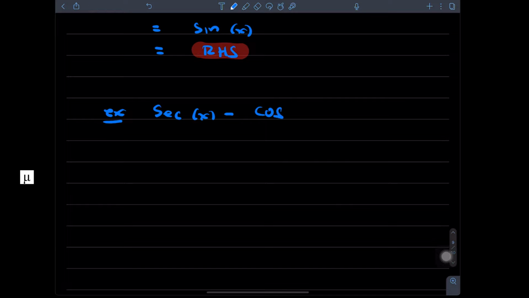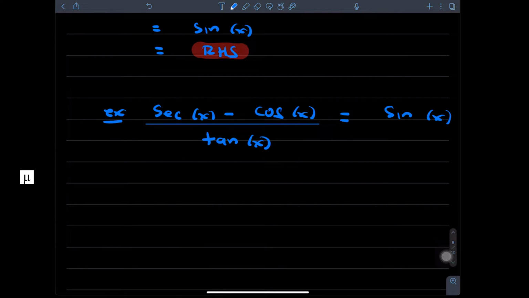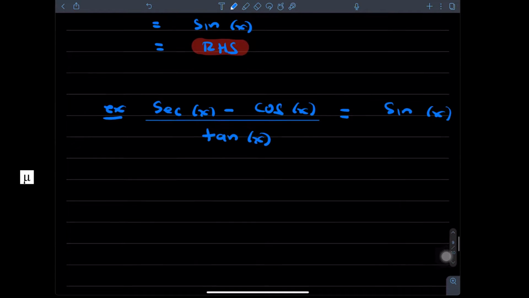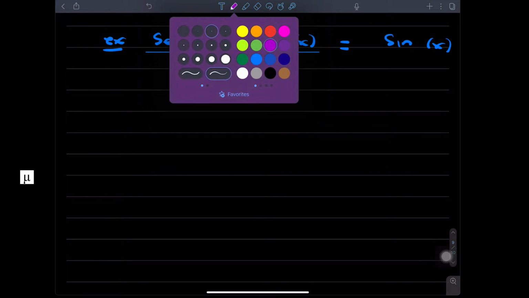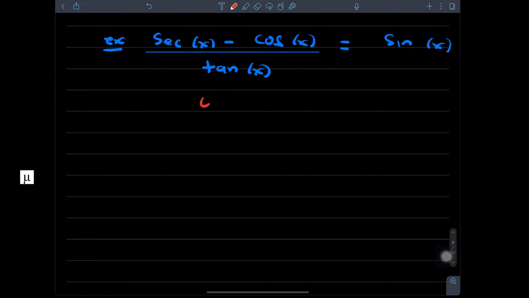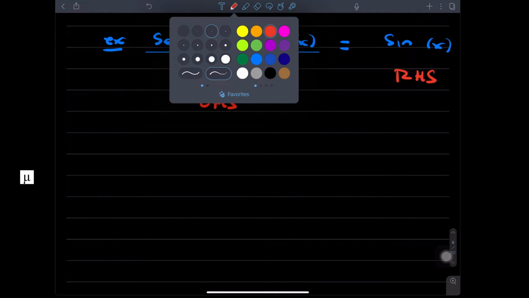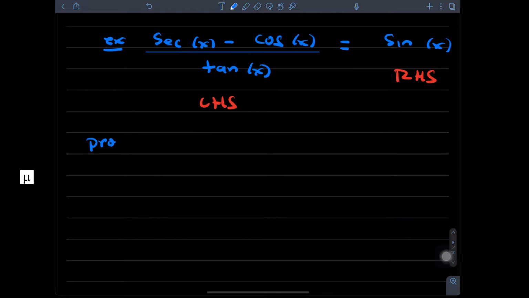Secant minus cosine over what? Tangent is really the same as, I believe, sine. I hope. Yeah. Left-hand side. Right-hand side. Proof.